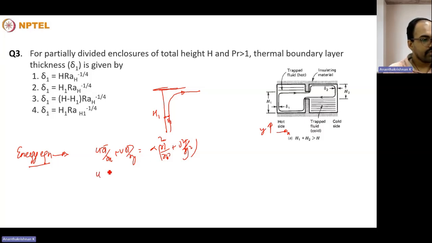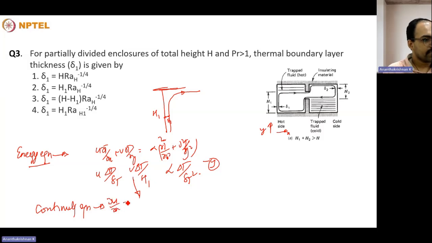So this can be scaled as u delta t divided by delta t, and this is v delta t divided by h1, and this will be alpha delta t divided by delta t squared. We don't know the scale of v, so we make use of the continuity equation, dou u by dou x plus dou v by dou y is equal to 0, and we scale it as u by delta t is of the order of v by h.